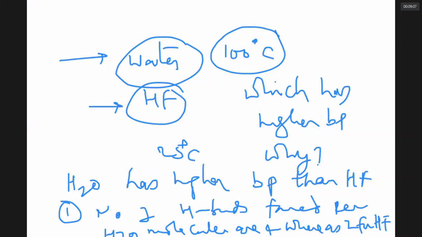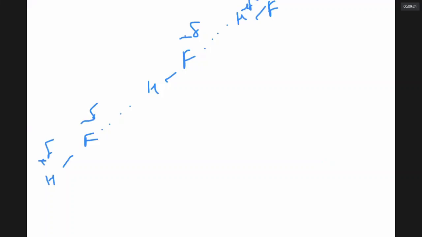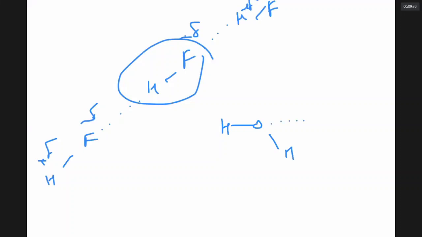Each HF molecule makes only 2 hydrogen bonds like this, one forward, one backward. Notice per molecule each HF is making 2 hydrogen bonds. Whereas in water, each molecule of water makes how many hydrogen bonds do you see?